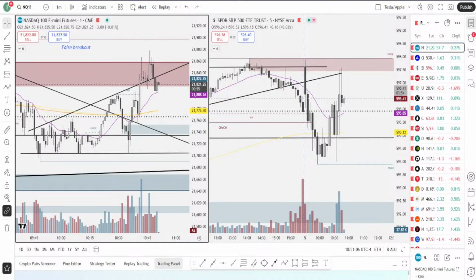Which one is it here? Is it the sellers' turn now to take control?